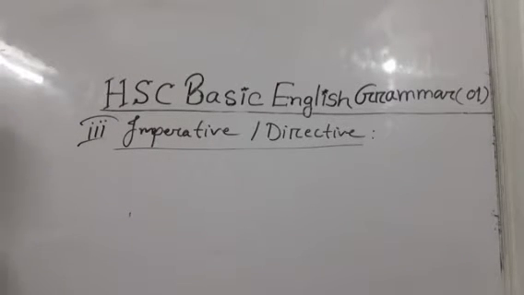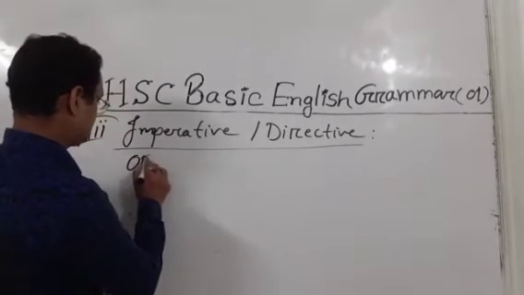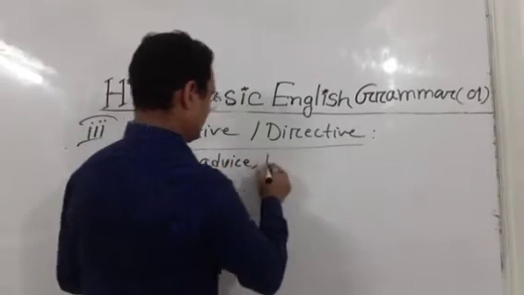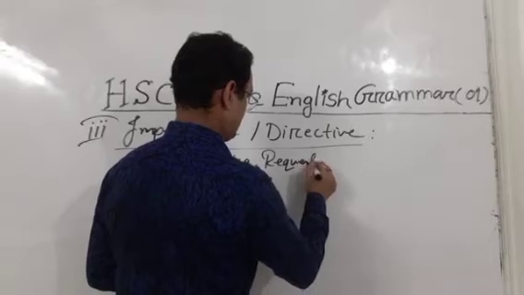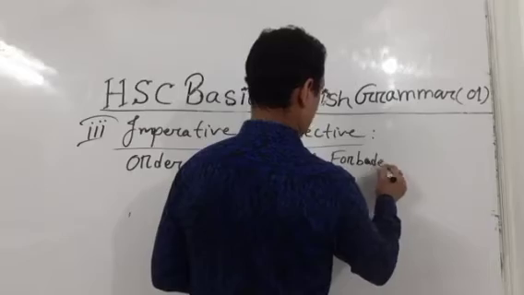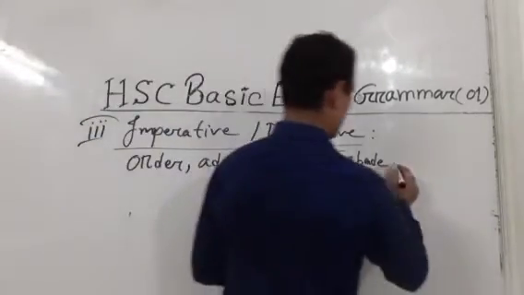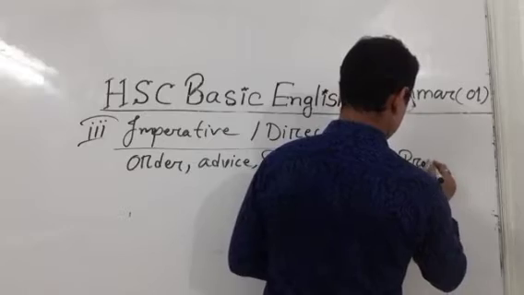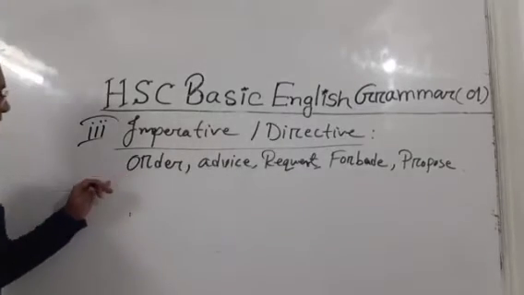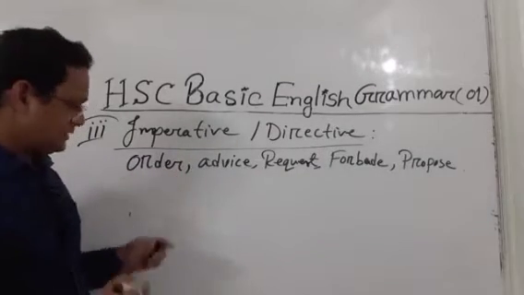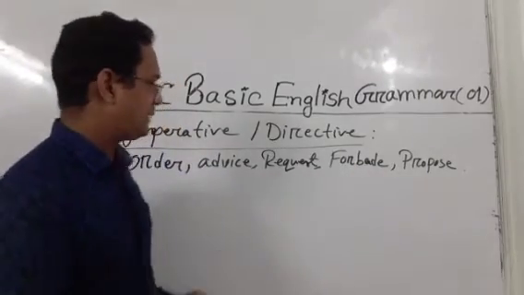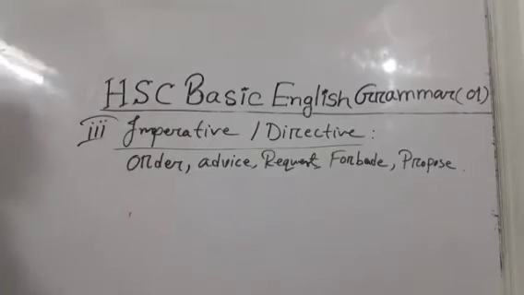That means order, advice, request, forbid, and also propose, that means proposal. These are the characteristics of imperative sentence. The sentence which carries the sense of order, advice, request, forbid, or propose is called imperative sentence.